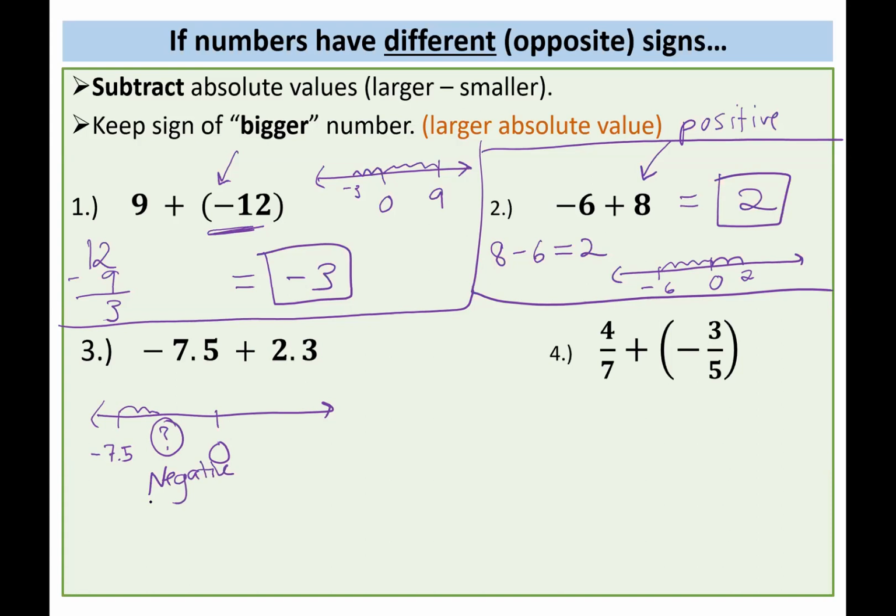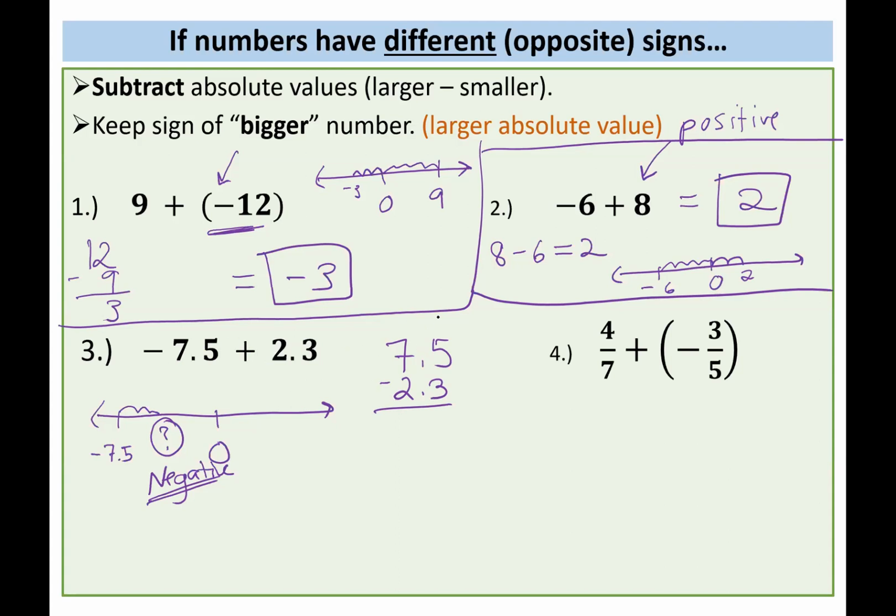So that's just a visual clue that I should be getting a negative answer, which fits with the rules. So we should subtract the absolute values, 7.5 minus 2.3. And yes, those signs look different from the original problem. Remember, we're dealing with just the absolute values. So I'm treating this as 7.5, I'm treating this as 2.3.